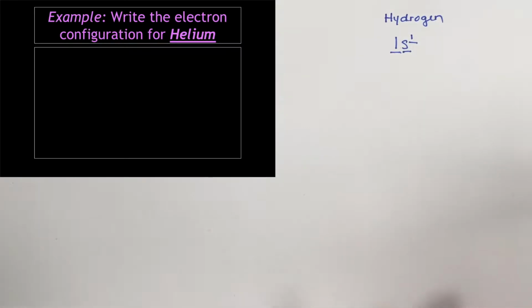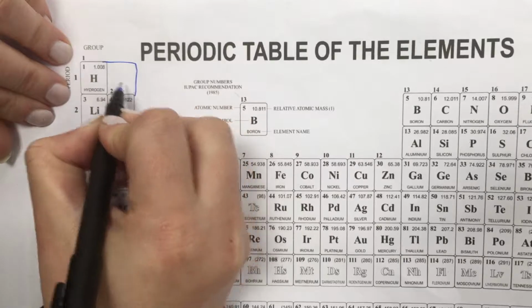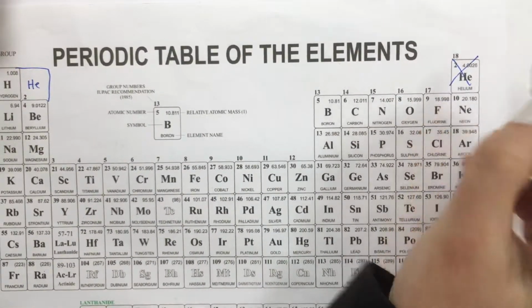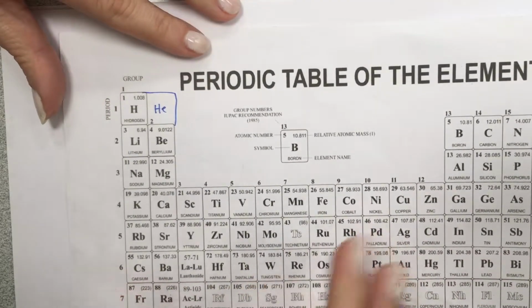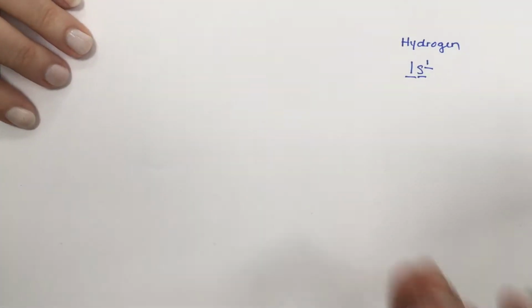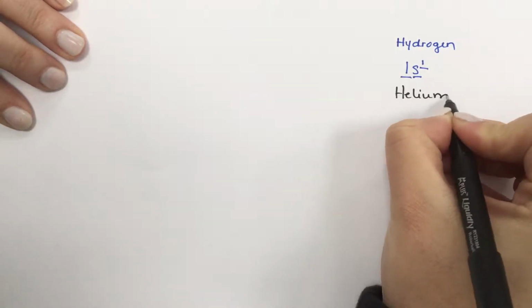Okay, so let's write the electron configuration for helium. Let's just go ahead and do it now. Helium is here. When we're talking about electron configuration, let's just ignore that it's over there by the P block. So helium is still in the first energy level.